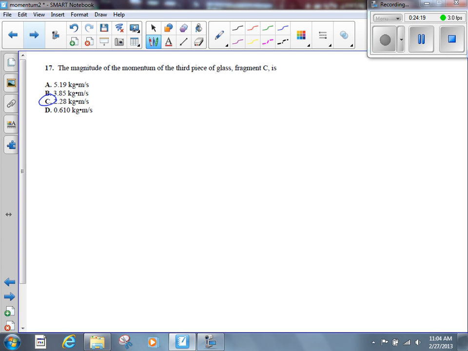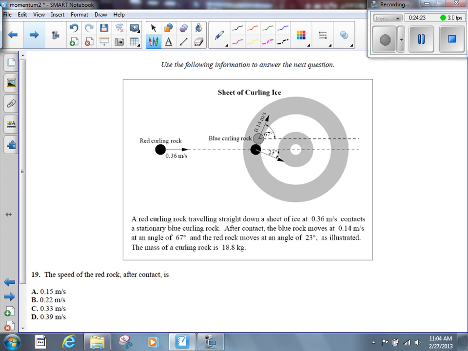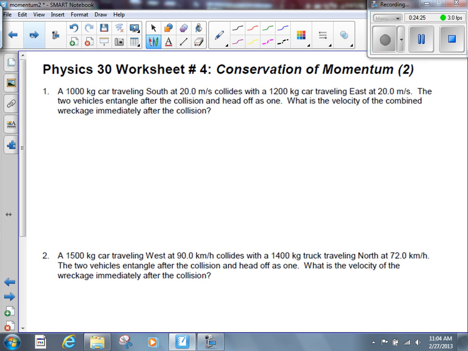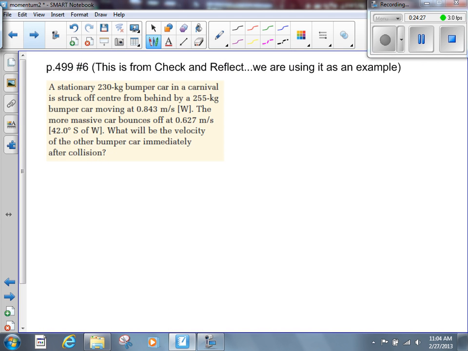Okay, the last little thing that I want to do here, and this is not new to us, this is just revisiting something that we've already done. We're actually going to do a check and reflect question as an example. It's question number 6 on page 499.